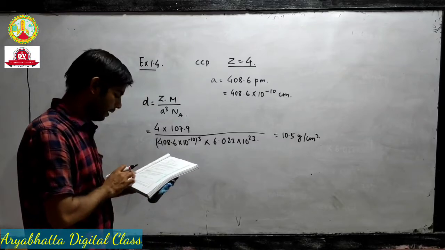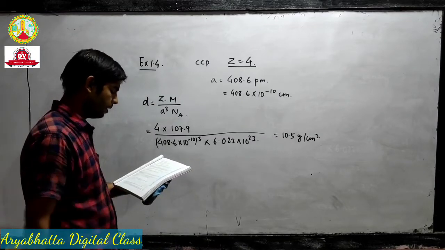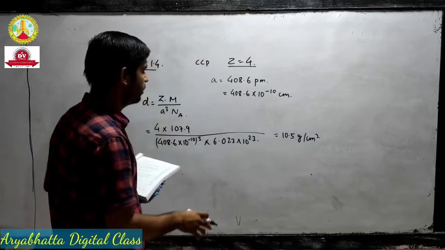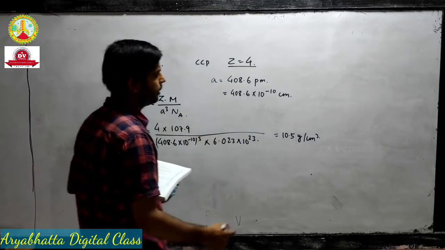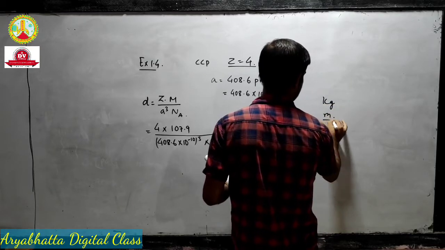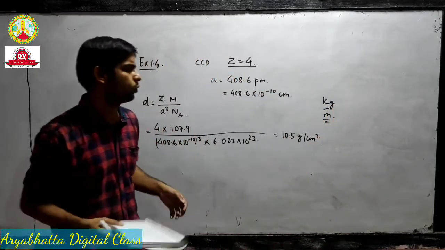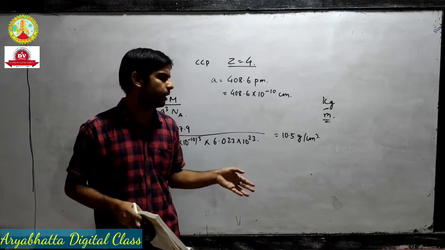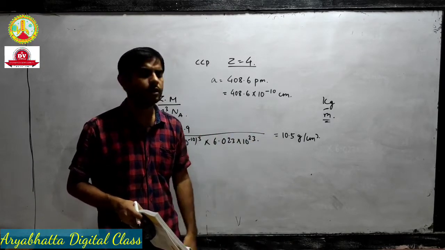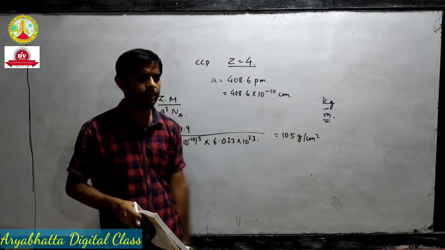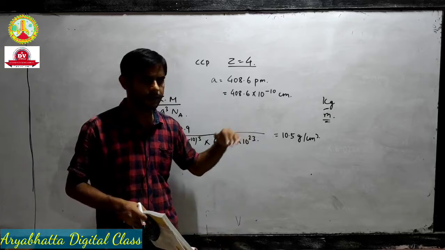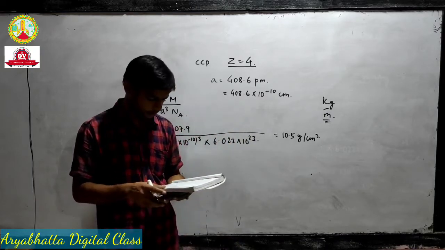In our NCERT textbook, they have done all the calculations taking mass in kilogram and length in meters. So you can do it in whichever way you like. You can do it in the gram centimeter system, or you can do it in the kg meter system, and accordingly you will get the answer.